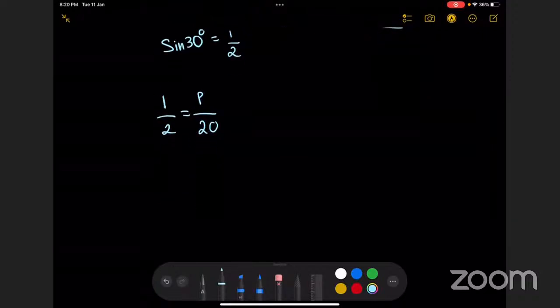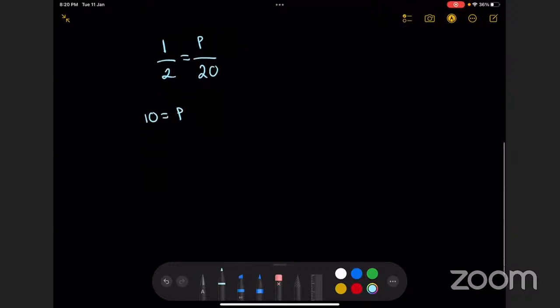Therefore, I'll just multiply everything by 20. And then the perpendicular is 10 meters. Therefore, the height of the pole is 10 meters.